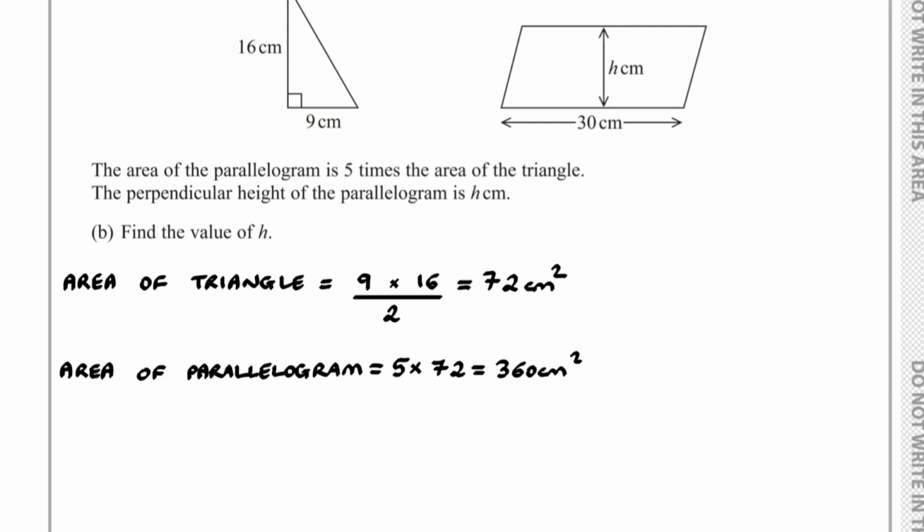And therefore, knowing that the area is equal to 360 centimeters squared, to work out the area of a parallelogram, we have 30h equals 360, so therefore h is equal to 12.